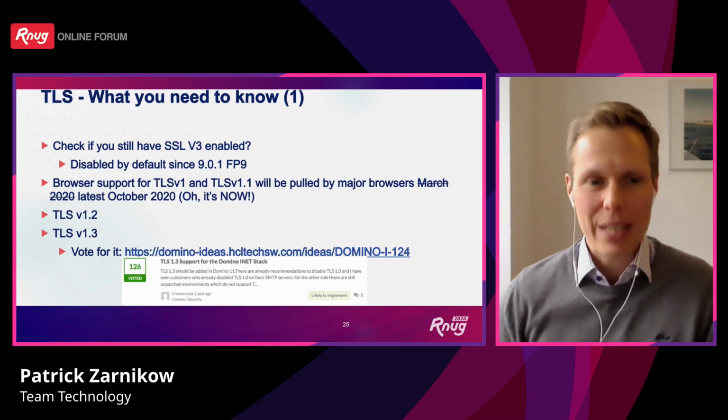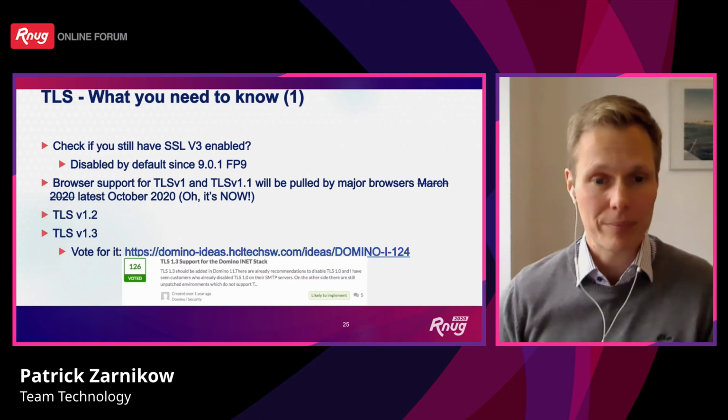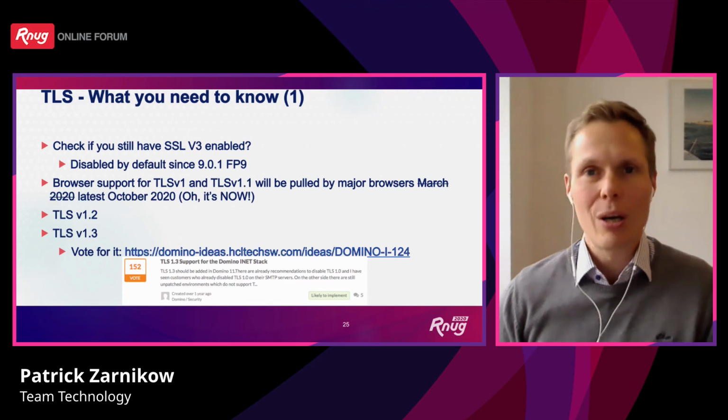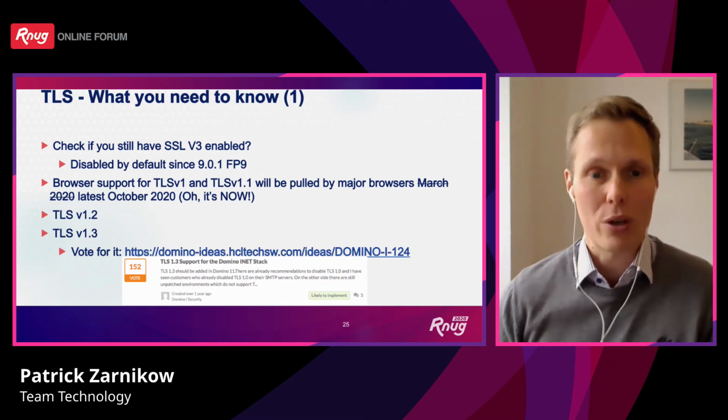We should be able to use TLS version 1.3 right now. When I looked yesterday, it had 152 votes, so a little bit more, but it should be much higher up in the list because it is very important to have the latest TLS encryption and the latest ciphers.